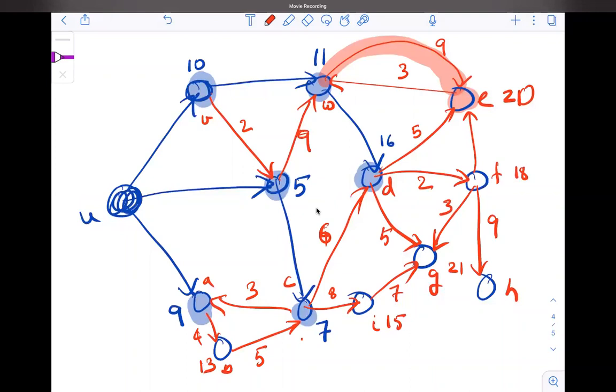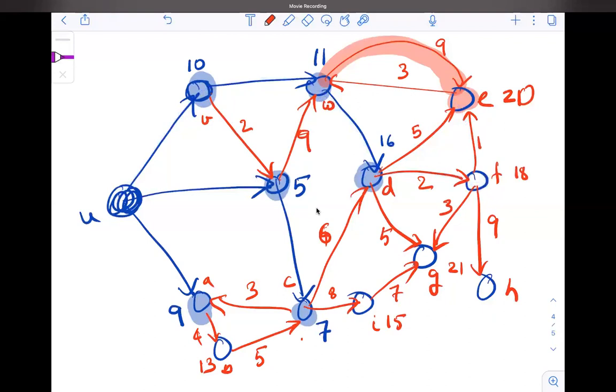The reason we can't say is that it might be that I have only looked at the blue vertices and one step before. It might be that there is a blue vertex, I can go here, which is not a blue vertex, and go here, and that might be shorter. And if you think of it, it might be the case. So if in case this is an edge of weight 1, then this becomes 19.